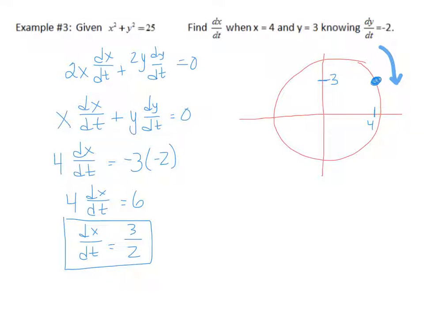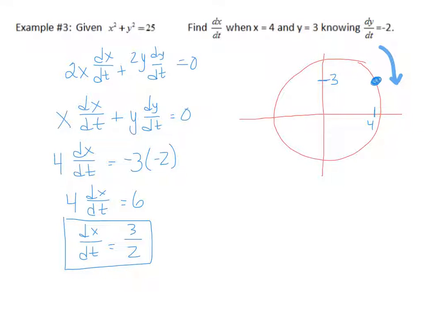Alright, and here you go. I got that dx dt is equal to 3/2. And I think one of the big things that I've been trying to show you guys throughout the year is, it's one thing to algebraically understand what's going on, but what's going on in the function and why does this make sense? So, again, circle centered at 0, 0, radius 5. You have a point on your circle over here at 4, 3.